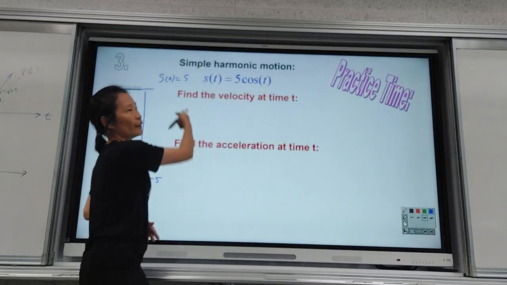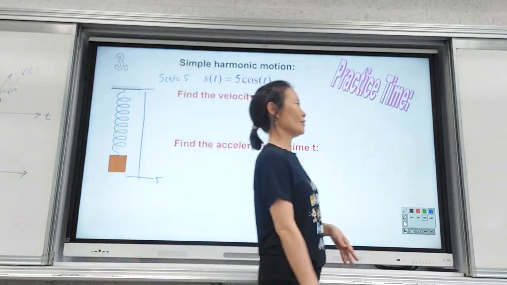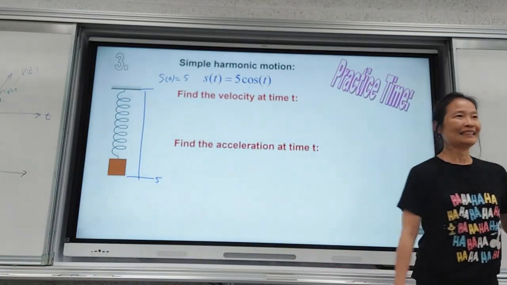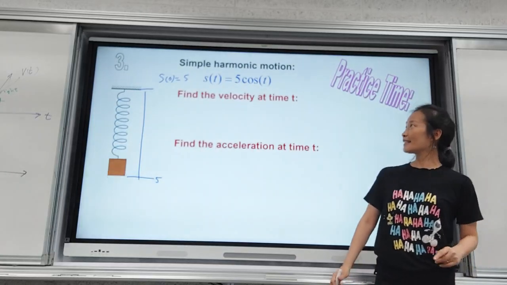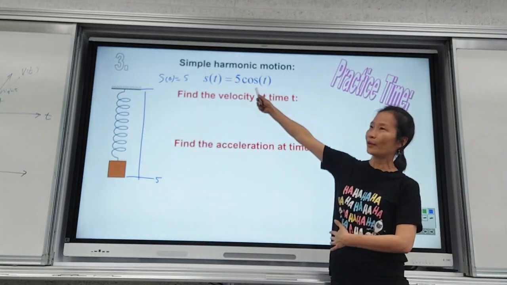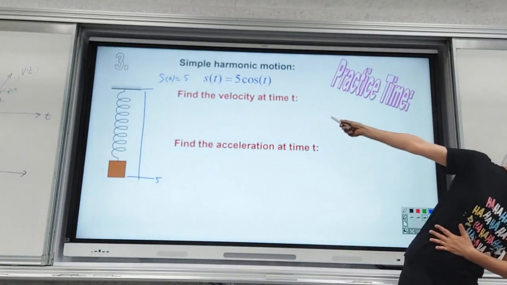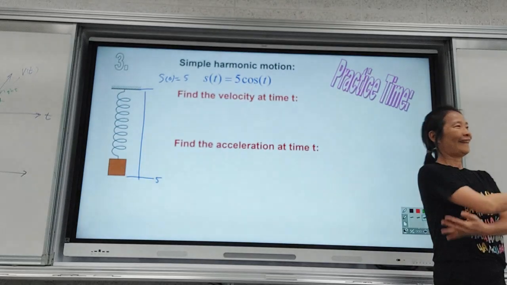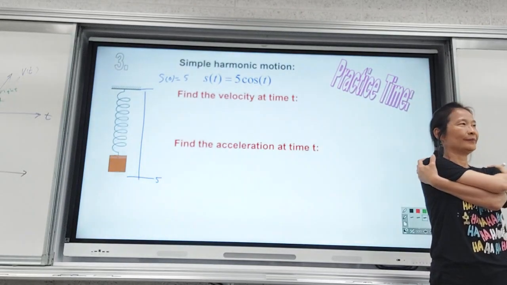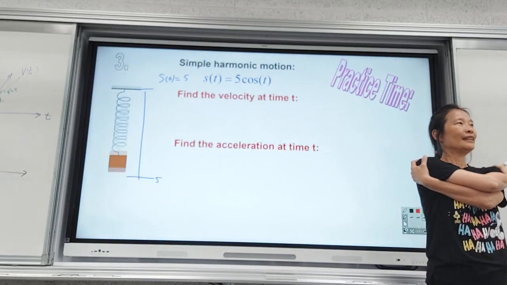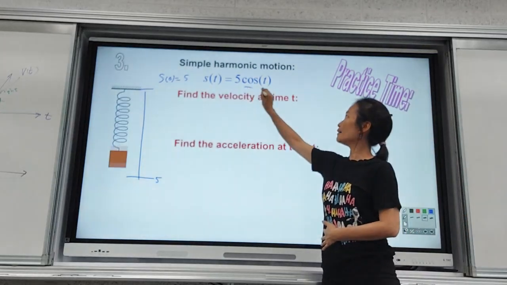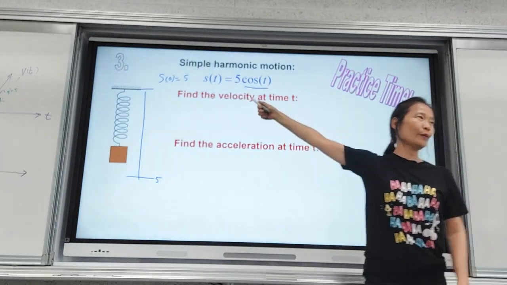And we need to differentiate s of t, so s prime of t. Janice, can you help me to differentiate that? What do you think? Negative sine t is the derivative of cosine.